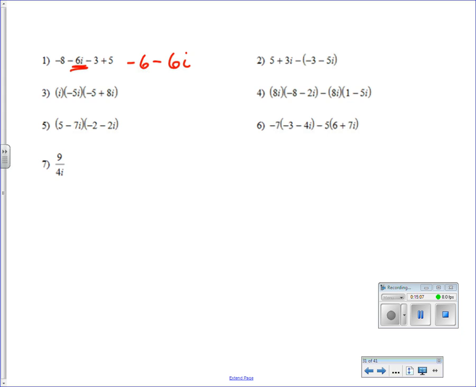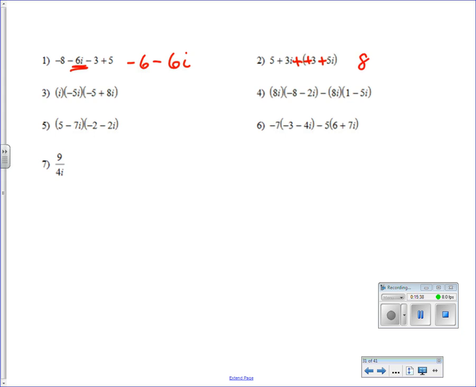Okay, what happens when we have a minus and then parentheses? What are we going to do with that? Right, this is going to become plus, this is going to become plus. Now I can look and see, number-wise, not imaginary-wise, what can we put together? 5 plus 3, which is 8.